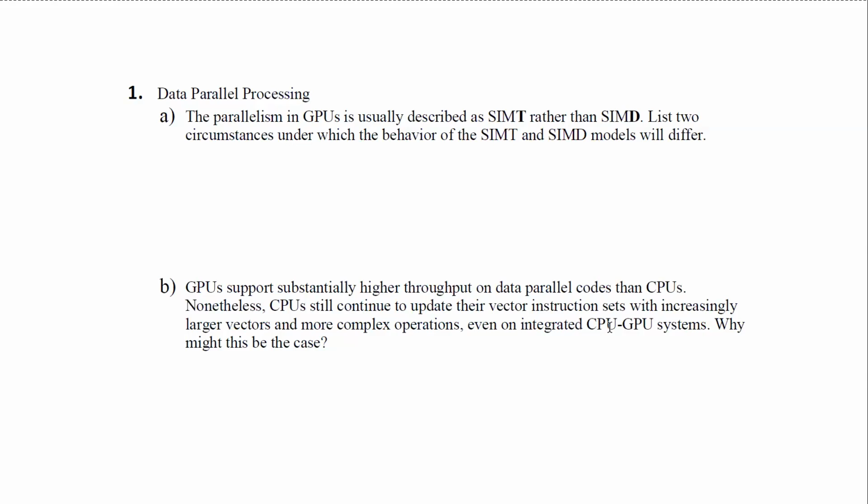Anyone have any questions on B? Why, even though GPUs are awesome, do we still have not only vector units, but increasingly aggressive vector units on our CPUs? This goes down to Amdahl's law as much as anything else.